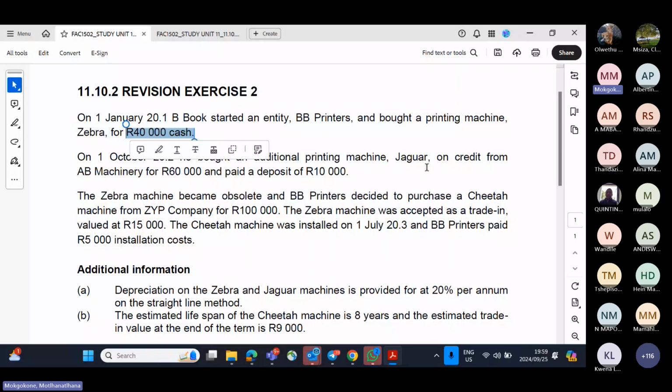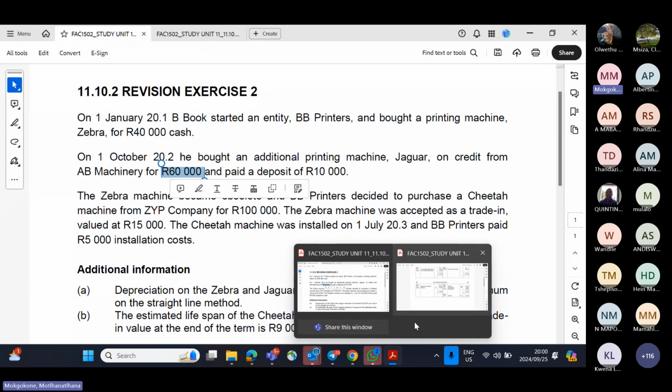Then for the Jaguar machine, we said 60,000 times 20% times 3 over 12, because we calculate October, November, December. Then they will give you 3,000. 3,000 plus 16,000, then they will give you 19,000 here.